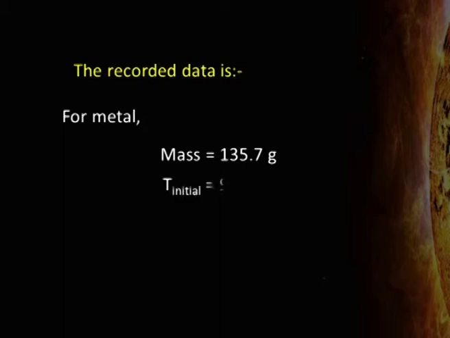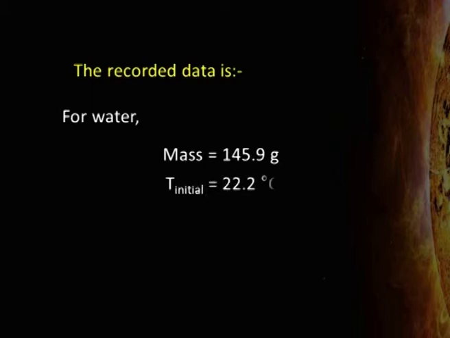The recorded data is for metal: mass equal to 135.7 grams, initial temperature equal to 99.5 degrees Celsius and final temperature equal to 32.4 degrees Celsius. For water, mass equal to 145.9 grams, initial temperature equal to 22.2 degrees Celsius and final temperature 60.7 degrees Celsius.